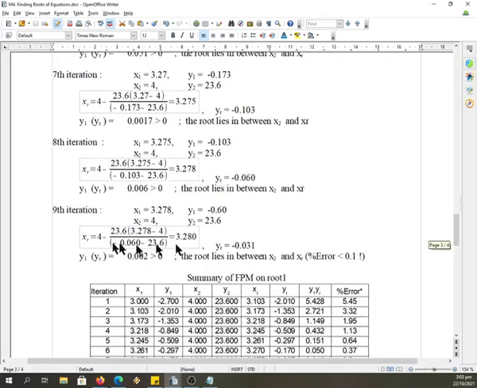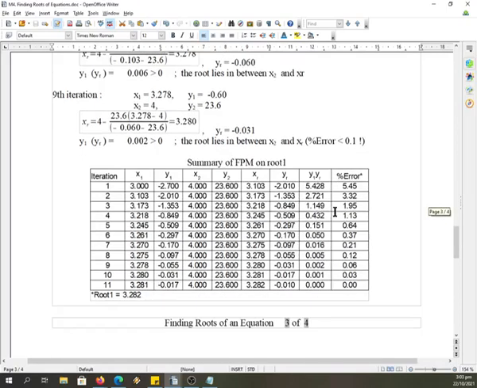Now in the ninth iteration, we have a value of 3.28. This 3.28 is xr, the closest approximation of the root so far. Still, if we apply the formula, the root lies between x2 and x1.